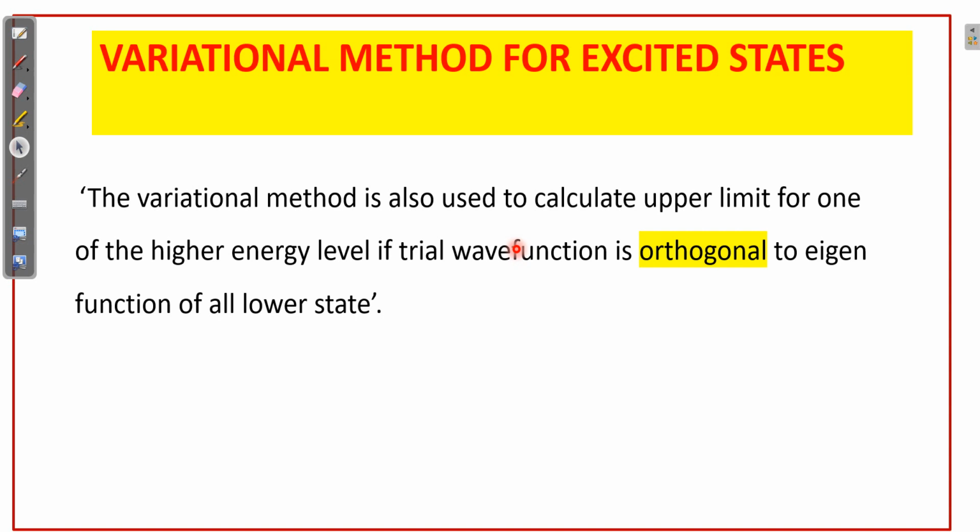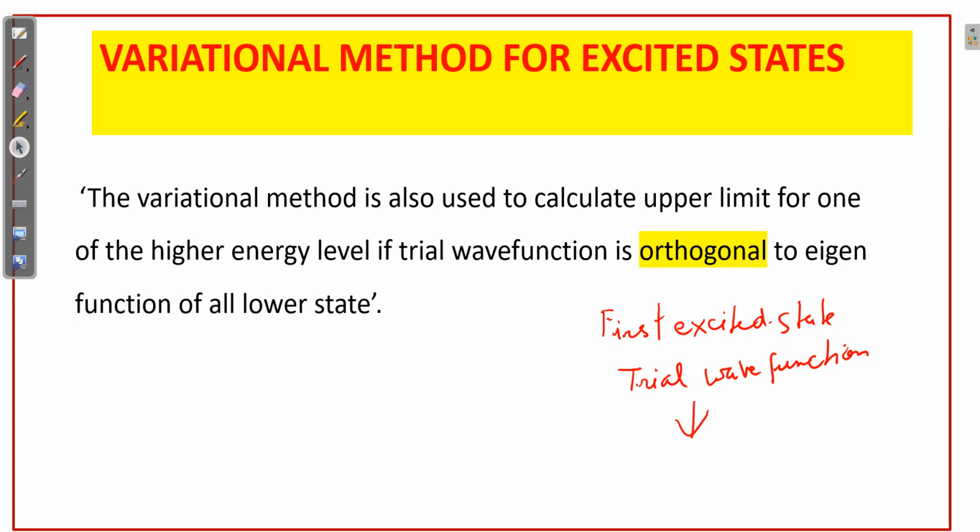That means if you want to determine the expectation value for the first excited state, the trial wave function is orthogonal to the exact wave function of the ground state.